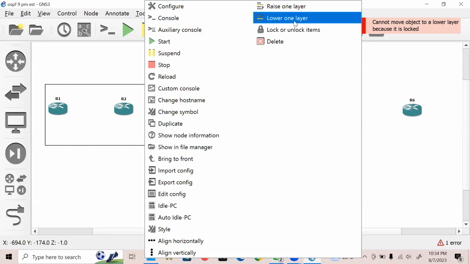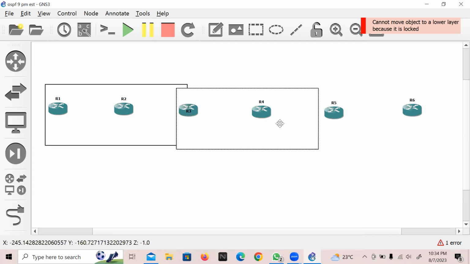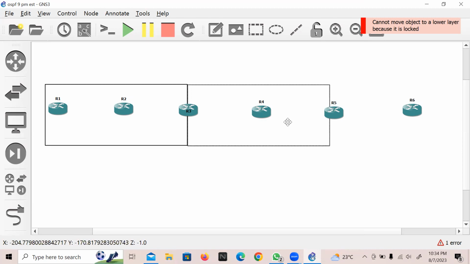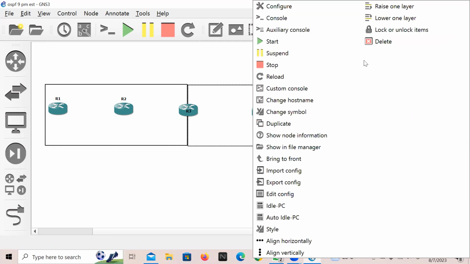I can make a duplicate of this if the duplicate option is there. Yeah, that's it. Or you can add one more router, it doesn't matter. Just do this one, okay?